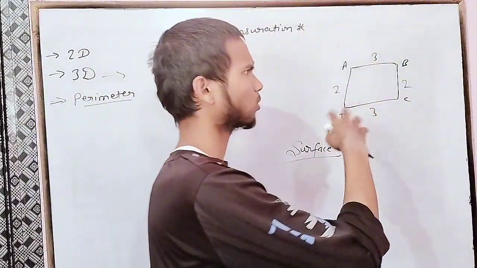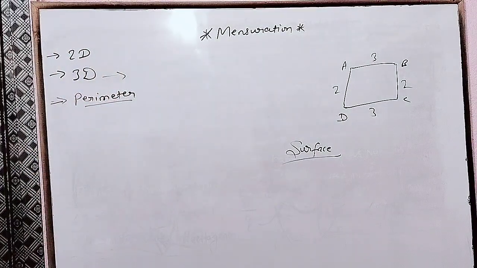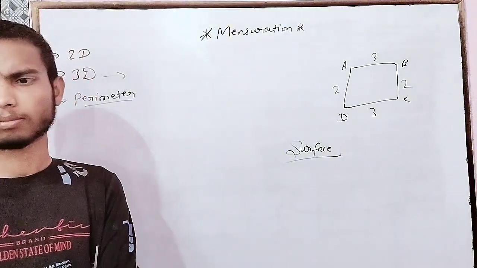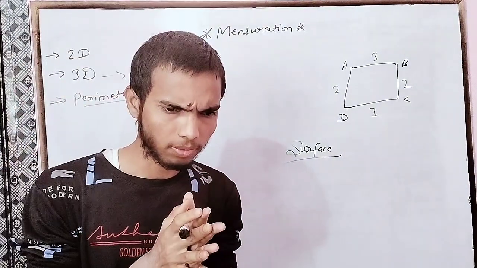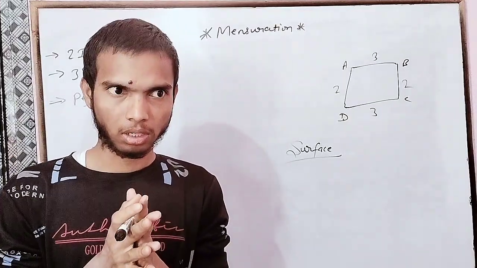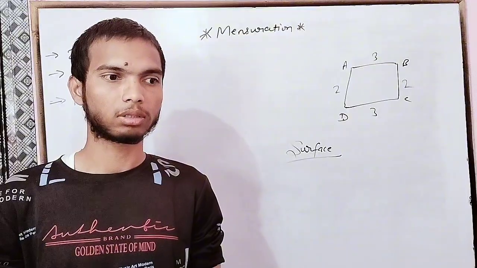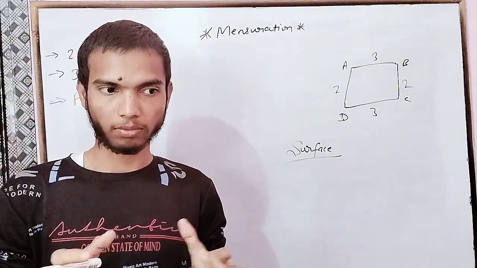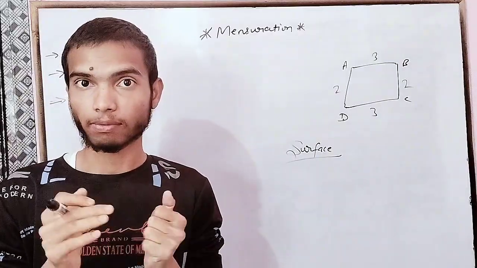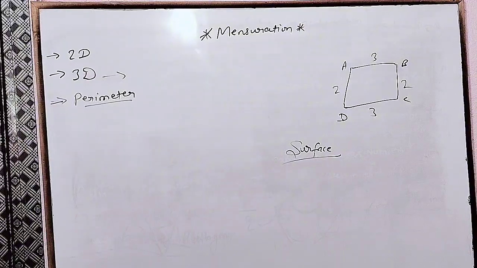So 3 plus 2, 5, 2 plus 4, 6, 10 centimeters is the perimeter of this rectangle. So we just need to sum up the given measures of sides. Then we have the total distance of the circumference of that shape. This was the meaning of perimeter.